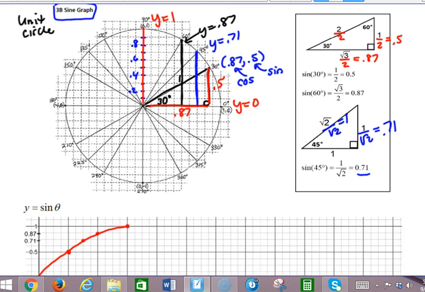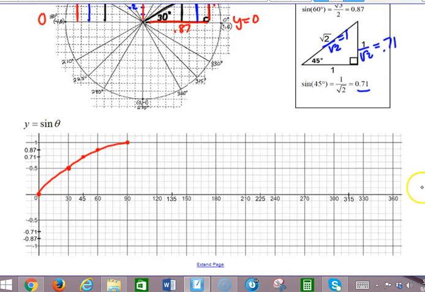Now, what does it look like in quadrant 2? When we go to quadrant 2, we have the same y values for our triangles as we do in quadrant 1. So 120 is still at 0.87. And 135 has a 45-degree reference angle, so we're still at 0.71 for y. And then when we're at 150, we have a 30-degree reference angle, so we're still at 0.5, and then when we get down to 180, we're at 0 again.